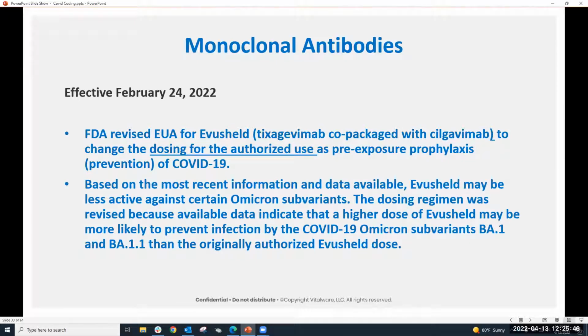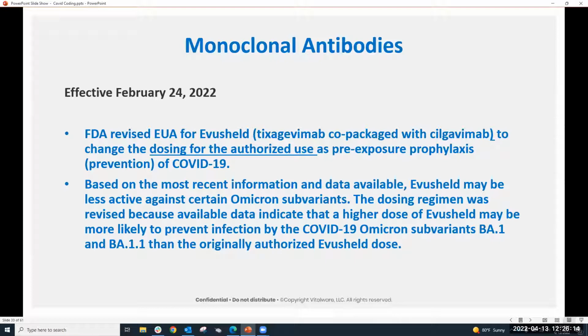Effective February 24th, 2022, the FDA revised the EUA for Evusheld to change the dosing to be used as a pre-exposure prophylaxis for the prevention of COVID. Based on the data available, they found that the current dosage that they were using, which was 300 milligrams, was not as active against Omicron subvariants.